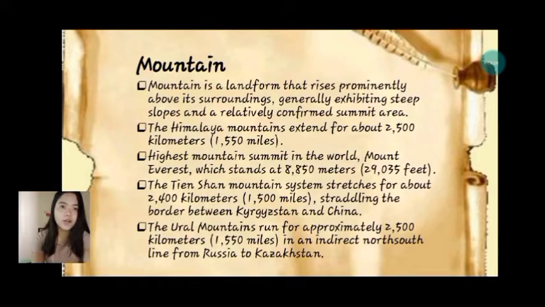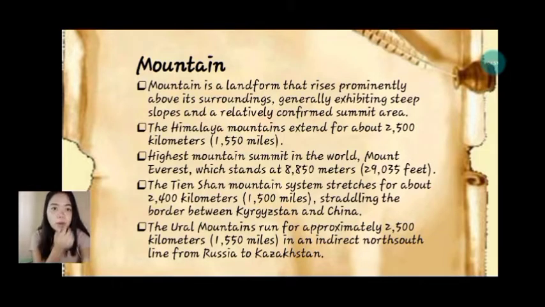It stretches for about 2,400 km or 1,500 miles, straddling the border between Kazakhstan and China. Tian Shan means celestial mountain in Chinese. The two highest peaks of the Tian Shan are Victory Peak, which stands 7,439 meters, and Khan Tengri Peak, which stands 6,995 meters.